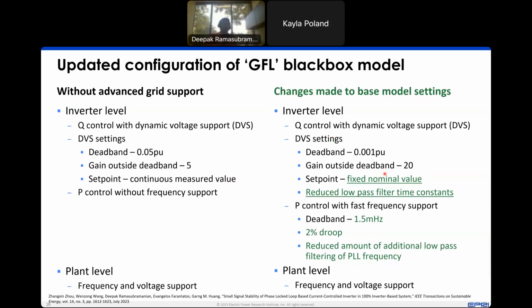So this has many inverters within the plant having a fixed voltage set point, but with some droop, so that they can move around based upon the value that they see at that particular node. On the active power side, we again reduced the deadband down to a low value, and this can be a concern in some of your minds, so we'll address that as we go further. We added some droop on the active power frequency support with fast frequency response, and we reduced the amount of filtering that occurs on the PLL frequency.